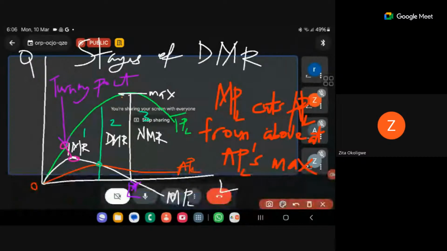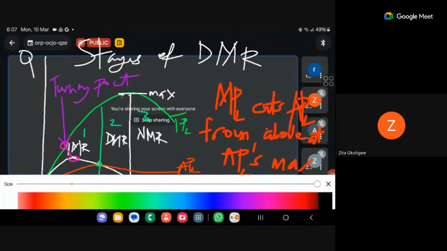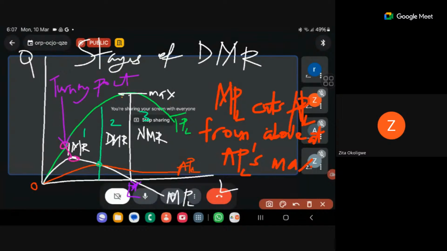Marginal product cuts average product not from below, but from the top. Is it when AP reaches minimum or halfway or at the maximum? It is when AP gets to its maximum that MP meets with AP. So MP is coming like this from up and AP is coming from down. So they meet like this. As soon as MP crosses over AP, AP begins to fall.